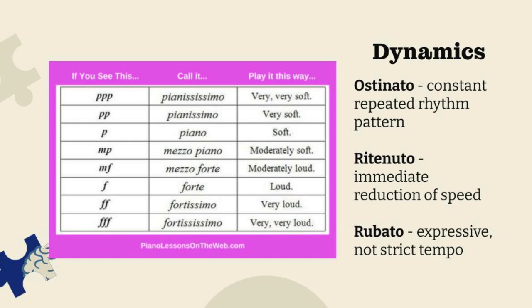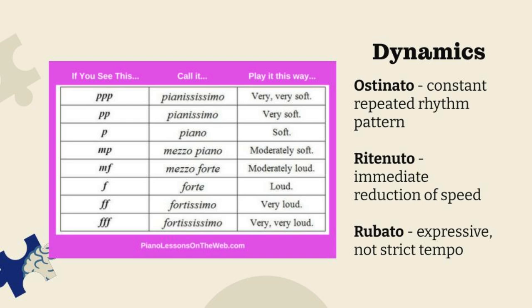Dynamics, just a nice review here. If you have three P's, pianissimo, I don't even know if I'm saying that right, but very, very soft, right? So the more of the same letter there is, the more extreme the dynamic. If there are a lot of P's, then it's very, very soft. If it's a lot of F's, then it's very, very loud.